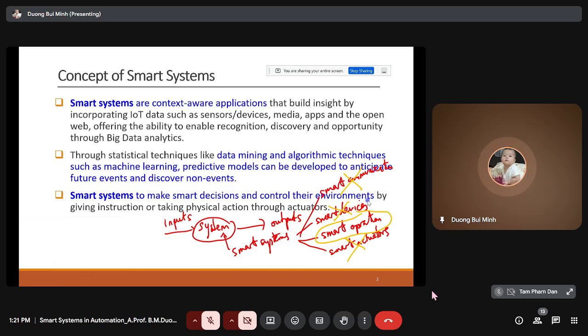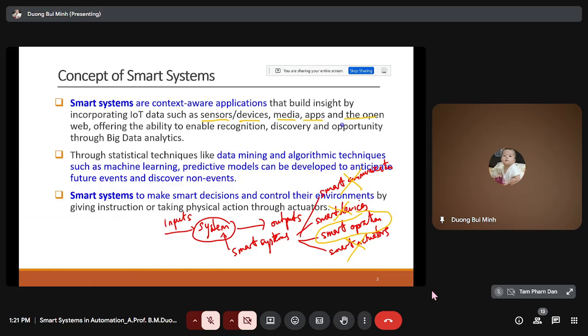Of course, we have many smart operation systems. For example, you study machine learning, right? So later on, I will tell you. Look, smart systems are context-aware applications built by incorporating IoT data such as sensors, devices, media applications, and open web.